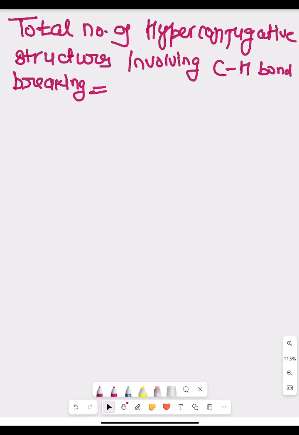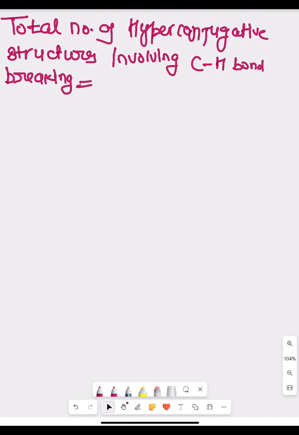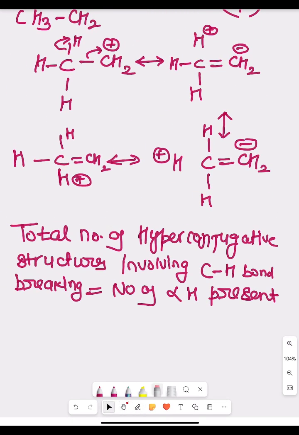You can say your total number of hyperconjugative structures involving CH bond breaking is equal to the number of alpha H present. As you can see, here are your 3 alpha H. Alpha H are those hydrogens which are attached to your alpha carbon atom. So here there will be 3 hyperconjugative structures.